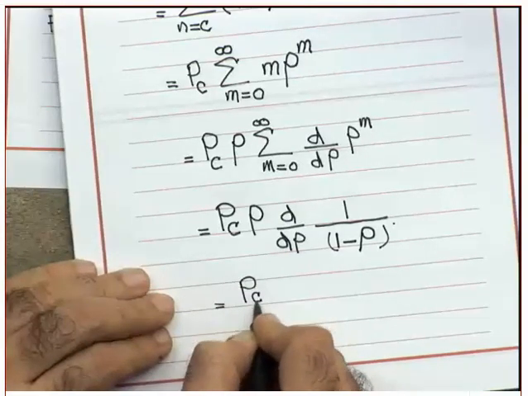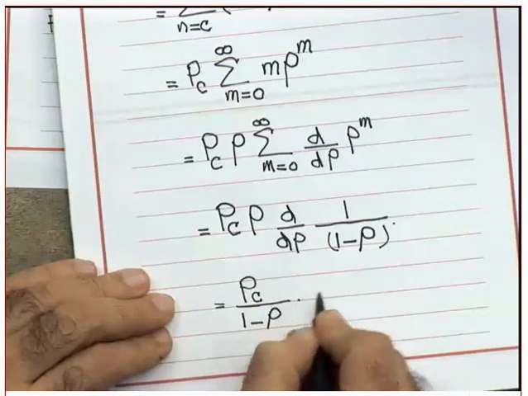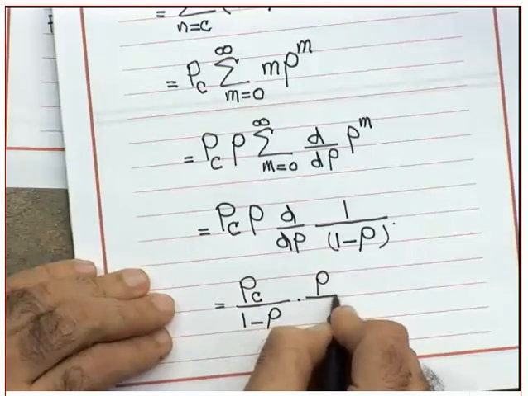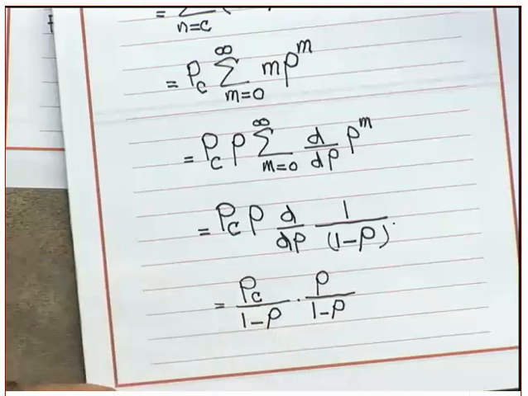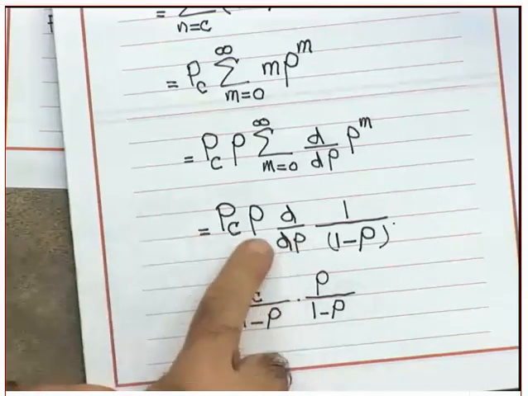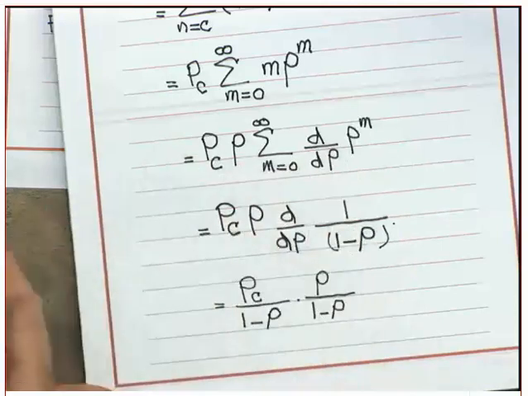And that's equal to PC over 1 minus rho times rho divided by 1 minus rho. Did you get where this came from? Yes or no? What is the derivative of 1 over 1 minus rho? 1 over 1 minus rho square.